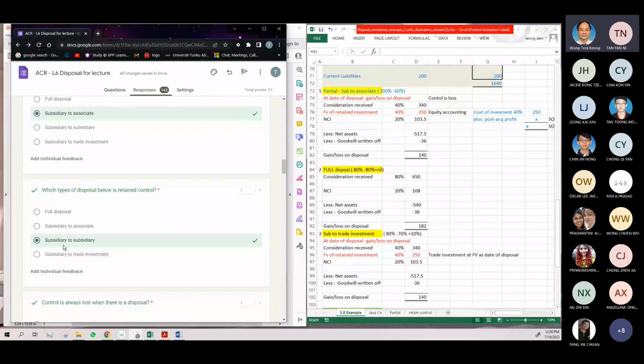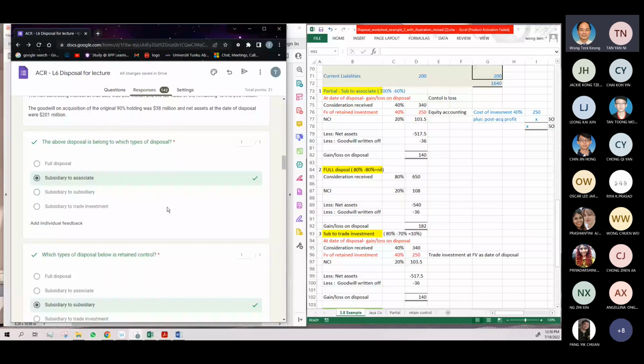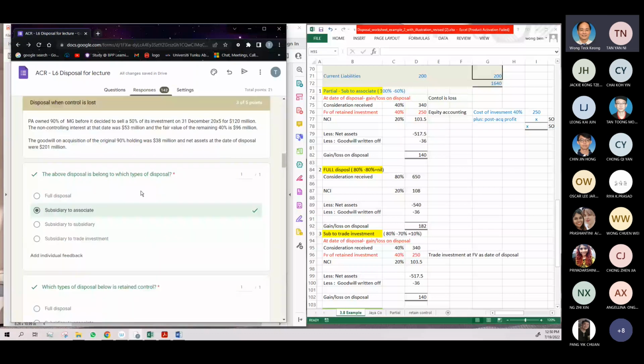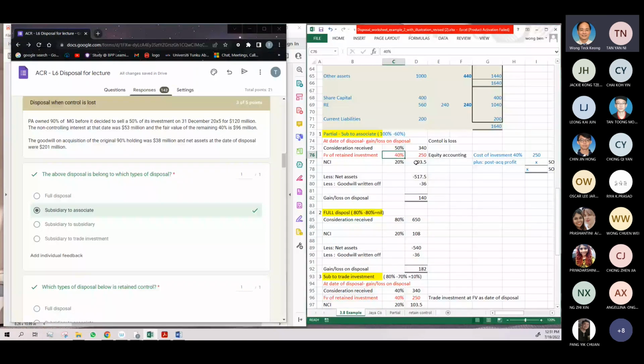So this first part will test you how you identify types of disposal. Okay, so in the structured question or the theory question, you must know which one so that you won't go out of control. Okay, in this case you see that it sells 50%, so partial disposal. Now we have it sell 50%, so we type here 50%, so you will keep 40%, so NCI is 10%. So the 50% is selling for 120 million.